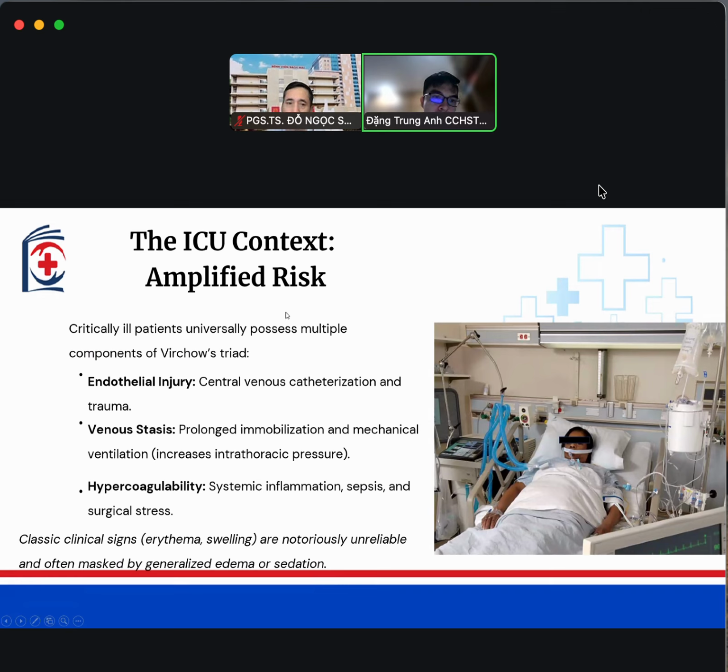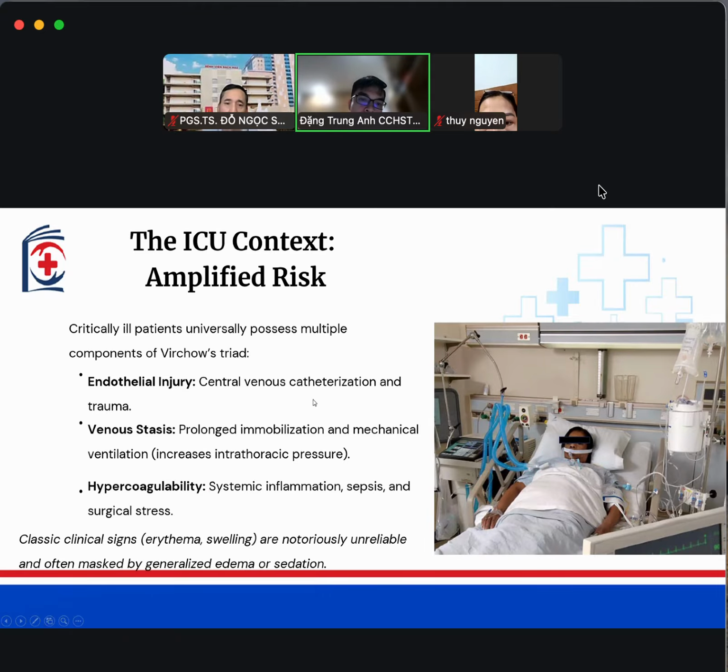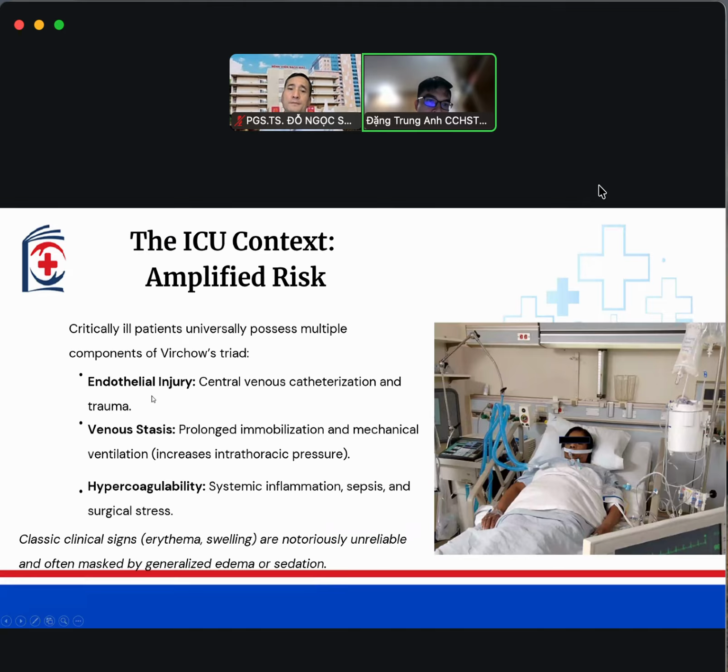We know that the Virchow triad includes endothelial injury, venous stasis, and hypercoagulability. In ICU patients, central venous catheterization and trauma make endothelial injury more common. That is one of the risks for thrombus DVT.